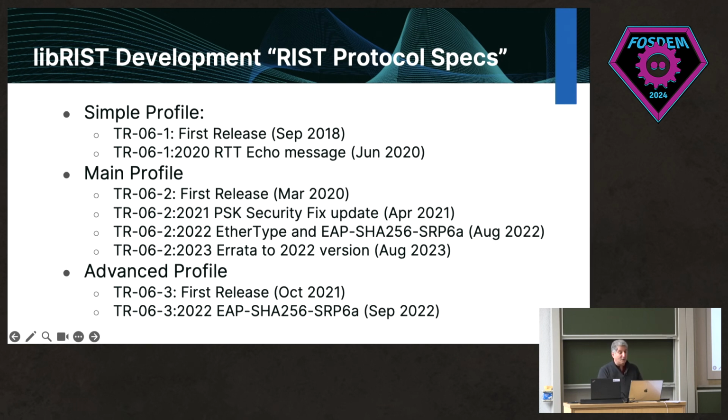What started with the simple profile, the first release, as the desire to add packet recovery to an RTP stream with an MPEG-TS payload, has now turned into a rich protocol that will work with any payload and which includes multiplexing, encryption, and authentication. So LibRIST, the open source project, currently supports the simple profile and main profile, and we're working on adding support for the advanced profile.